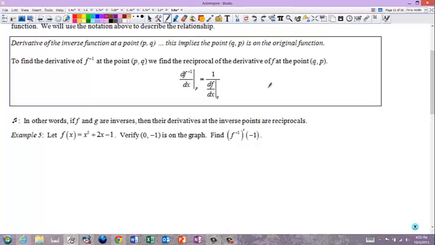What you do is it's 1 over the derivative of f at the point where f of x equals y. Oh, I bet that didn't make any sense. Okay, let's keep going.